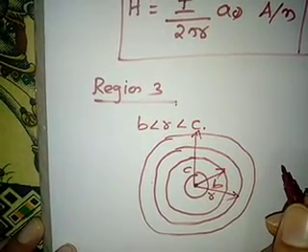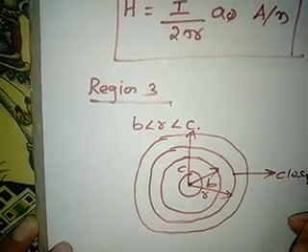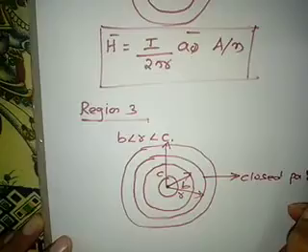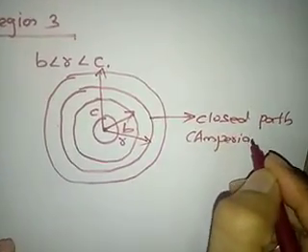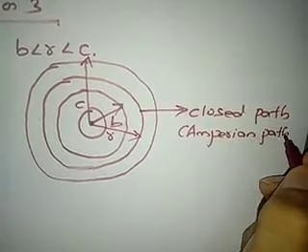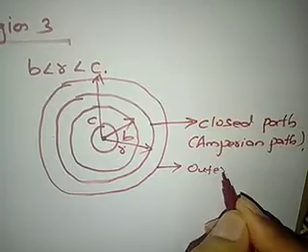The closed path, the one with the radius r, is our closed path. Last time we discussed the closed path, it is also called the Amperian path. Then this is the outer conductor.